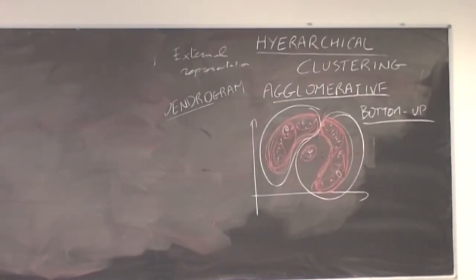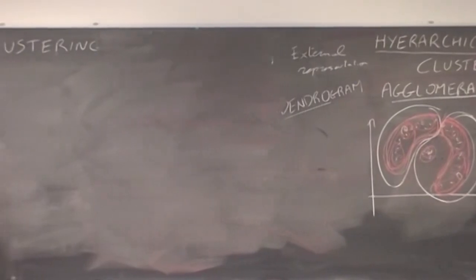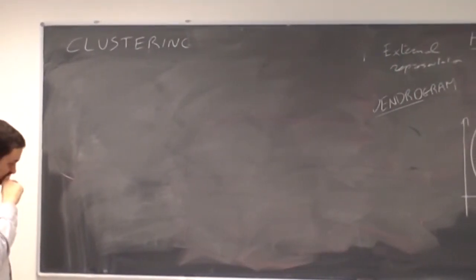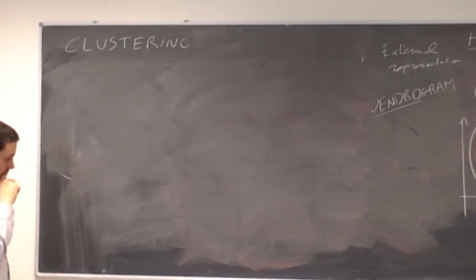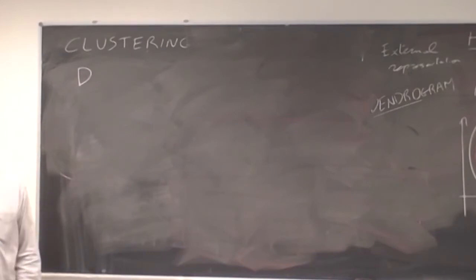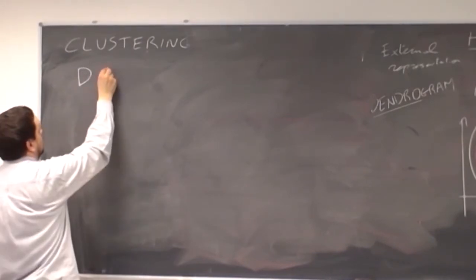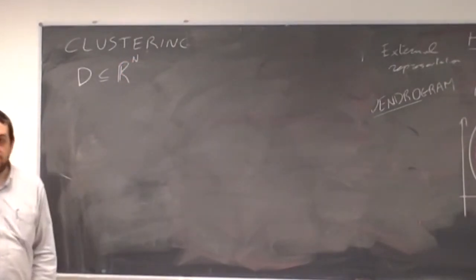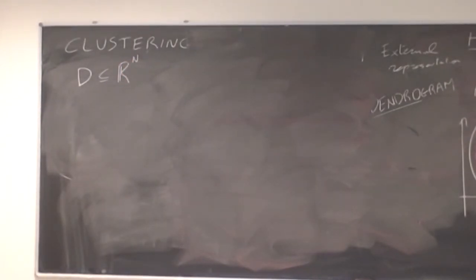If we have a vector representation of our elements, then we can use other methods for clustering. So, in the next part, we will suppose that our set of elements D is actually a subset of some n-dimensional vector space.